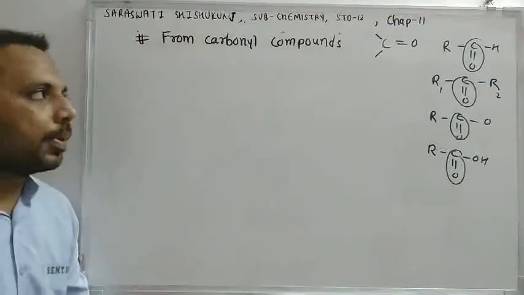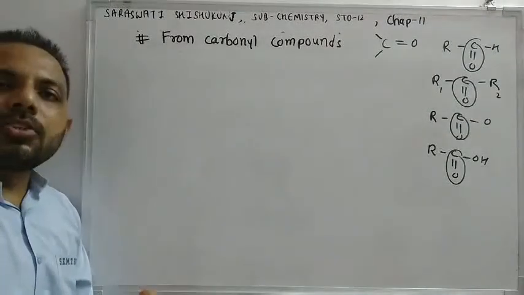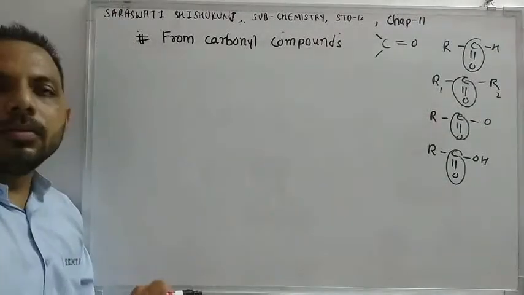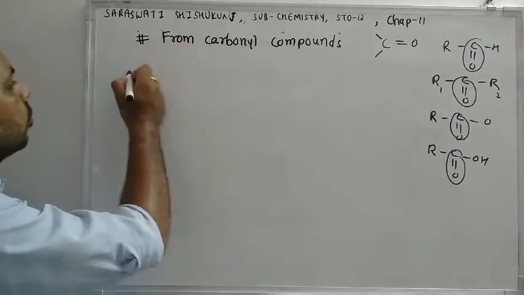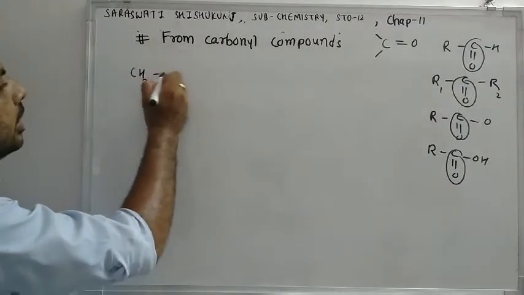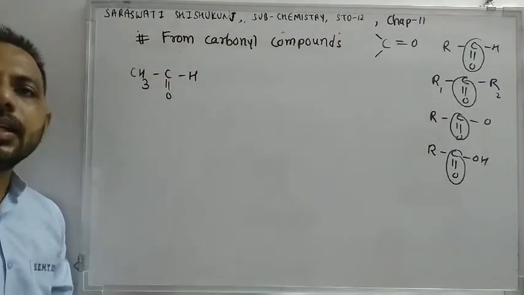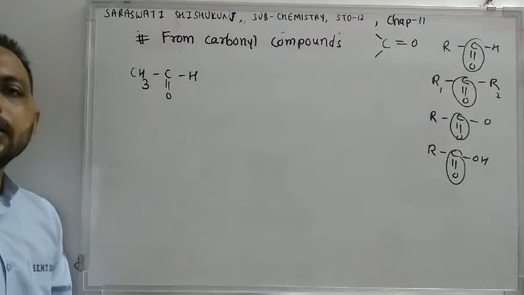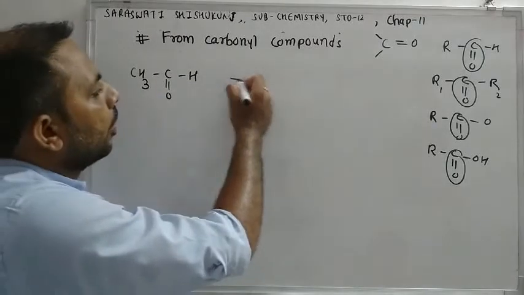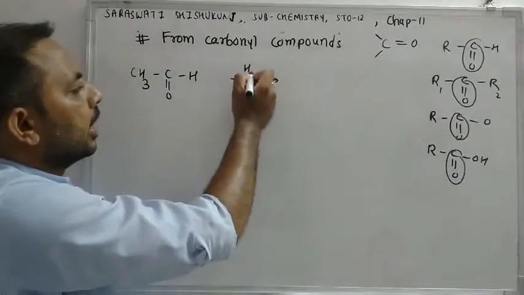So our first preparation is preparation of alcohol from a carbonyl compound, from aldehyde. So we have an aldehyde, let's say CH3CHO. This is ethanal. Now ethanal is reduced to alcohol, so hydrogen is added.